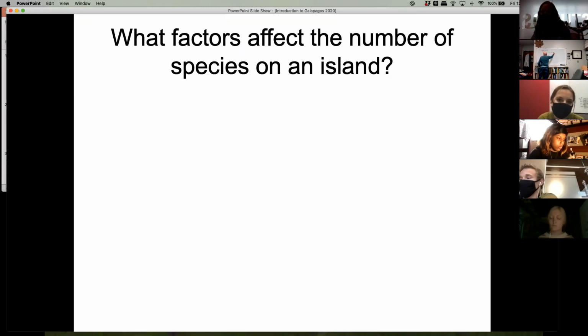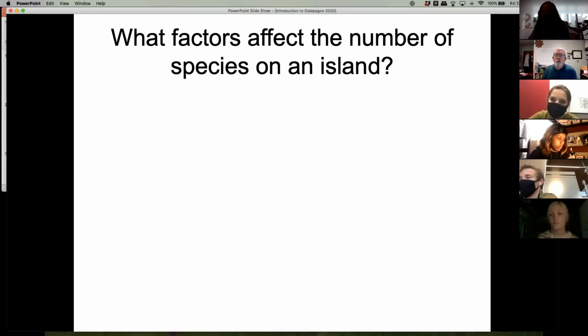What other things? Somebody else. What else might influence? And Nathan, are you keeping track of who's participating? Yeah. Okay, cool. What else might influence the number of species on an island? The amount of food resources, whether it's like other plants or other animals. Okay, so the diversity of other kinds of organisms, but of course the diversity of other kinds of organisms is also going to be correlated with the size of the island as well.